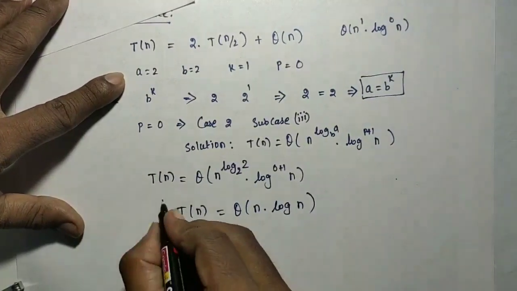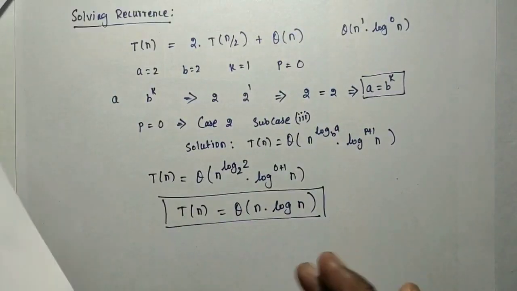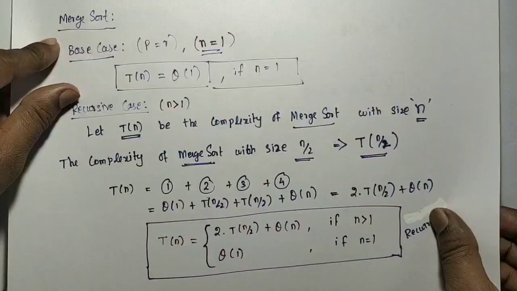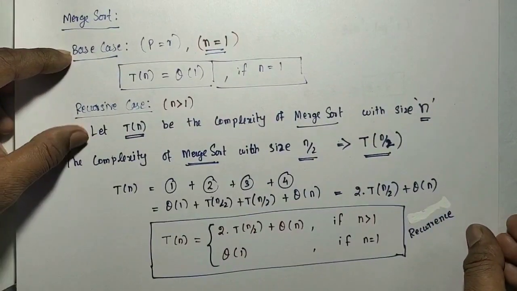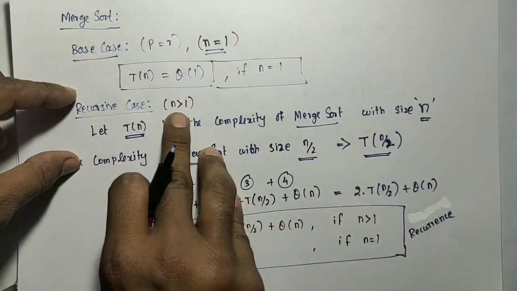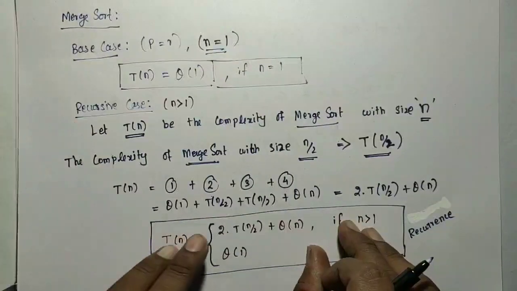Okay, so this is the final complexity of the merge sort algorithm. While analyzing the merge sort algorithm, we need to consider the two cases, base case and recursive case. Base case, it is theta of 1. In the recursive case, n greater than 1. In that case, there are 3 statements.